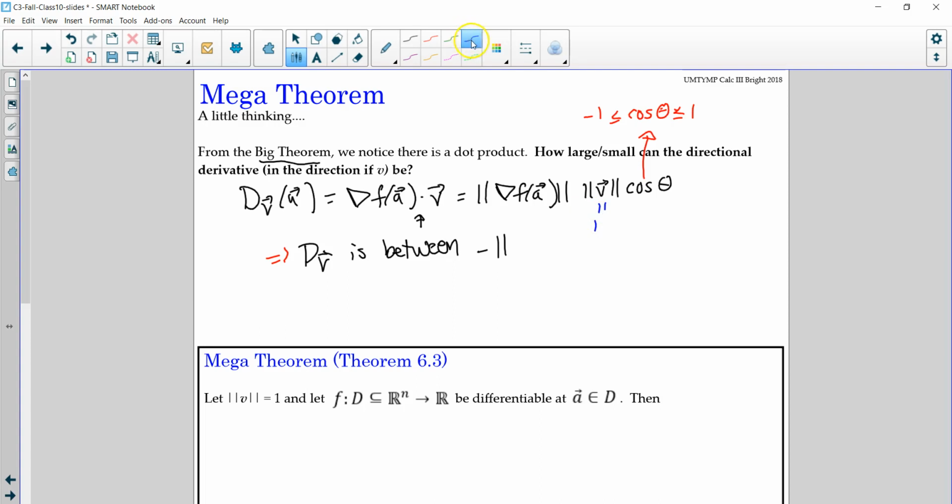So really the directional derivative as a value is between the negative magnitude of the gradient of f at a and the positive magnitude of the gradient of f at a.